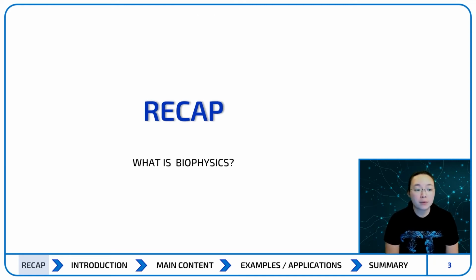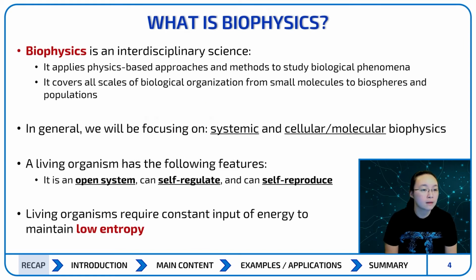For the recap, I just want to go through what is biophysics. What are some of those take-home messages from before? Biophysics is an interdisciplinary science. It applies physics-based approaches and methods to study biological phenomena.